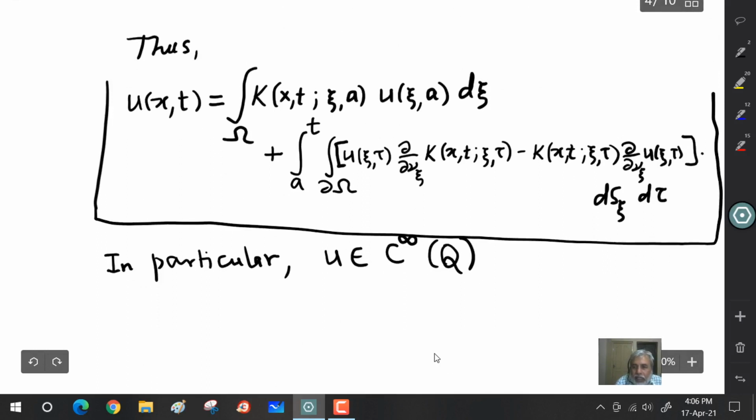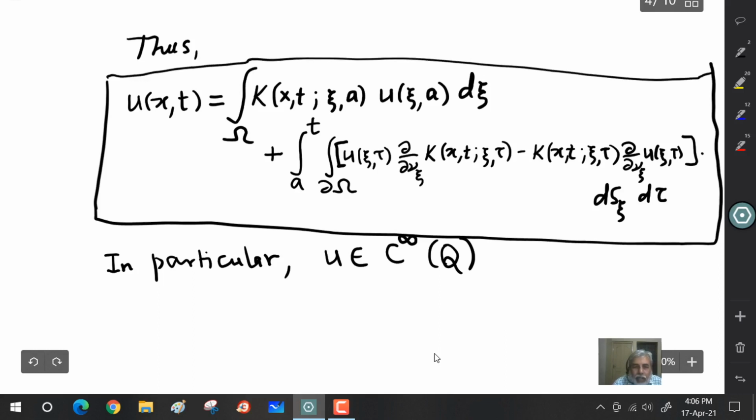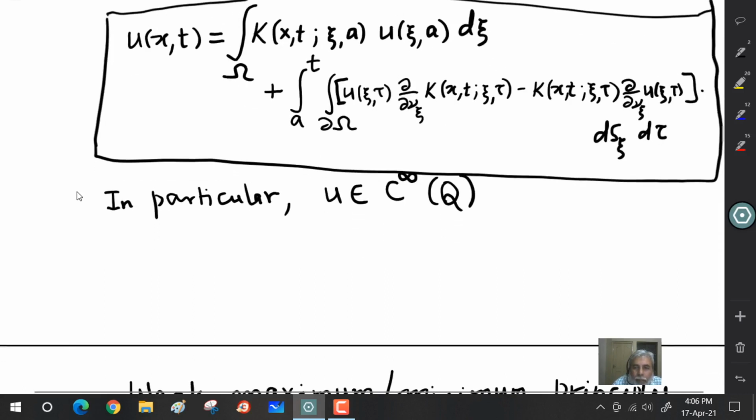Again, this is only a useful formula, but it should not be thought of as a formula for the solution of the heat equation. This first part is okay, because we are only giving the condition on the line t equal to a, that is the initial condition.